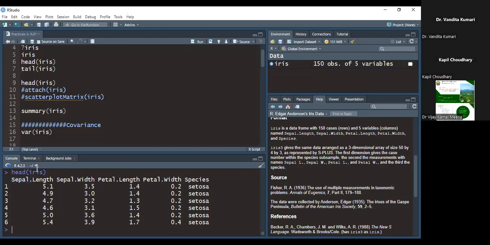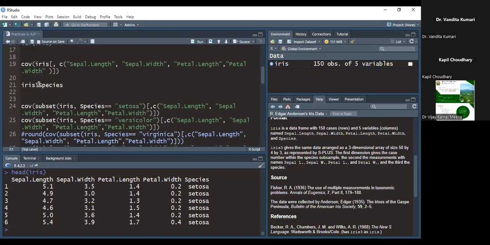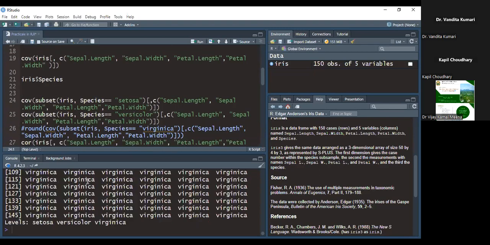For extracting only one column, we use the dollar sign. So iris dollar species is going to give us the names of all the species that are available. So we find that we have 3 species: Setosa, versicolor, virginica.